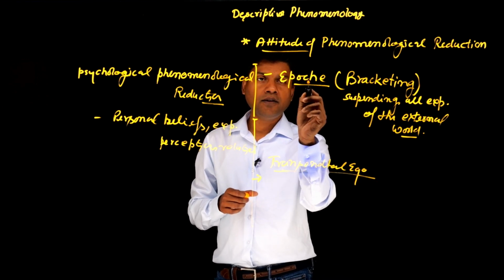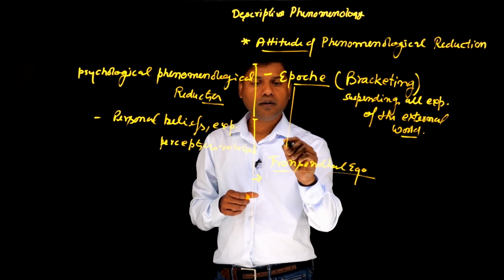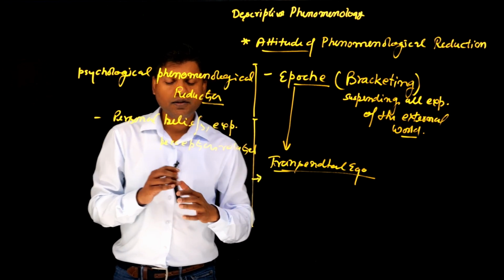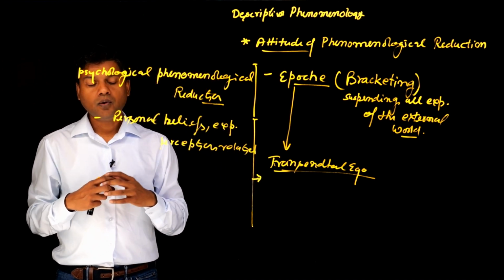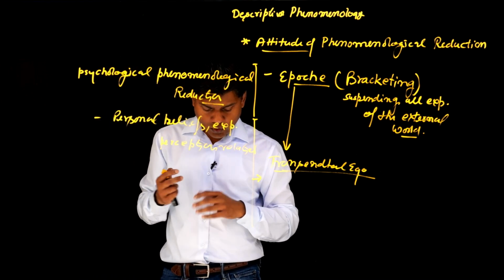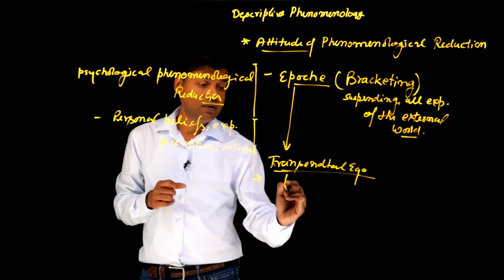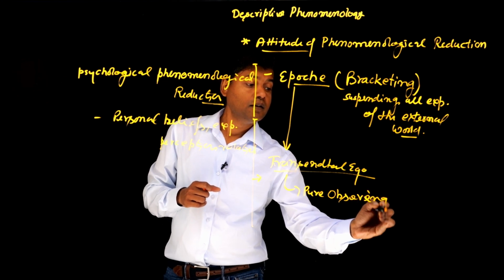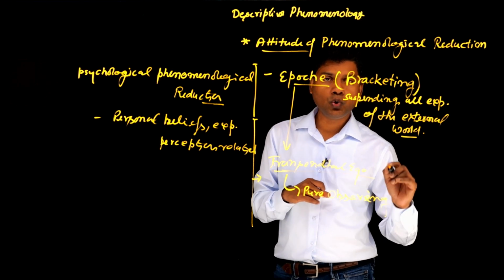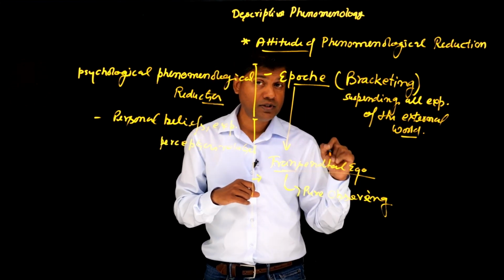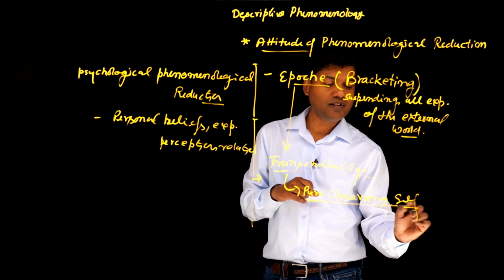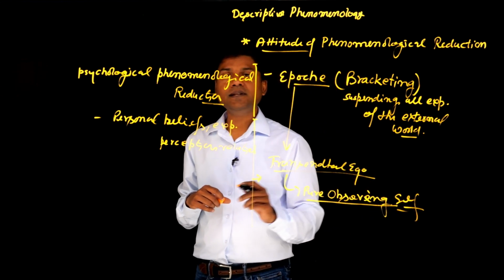In an effort to explain epoch better, Husserl said a transcendental ego is a stage where yourself becomes a pure observing self, meaning that you have completely bracketed, suspended your experience or perception of the external world. So that was the idea of the transcendental ego.